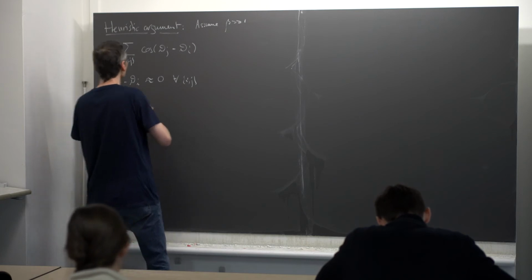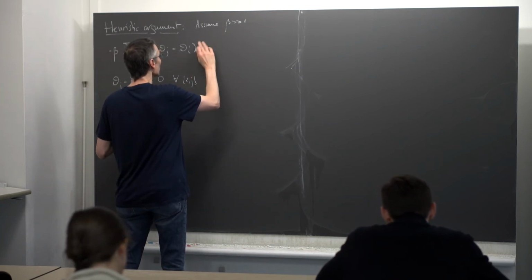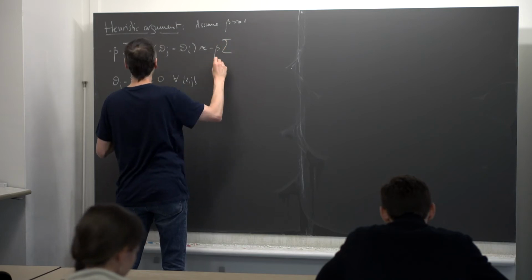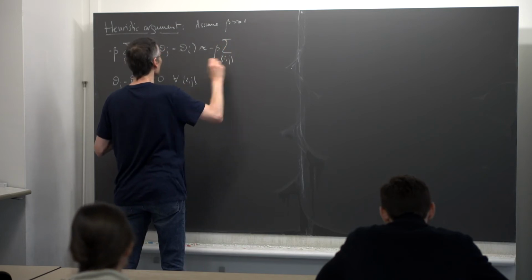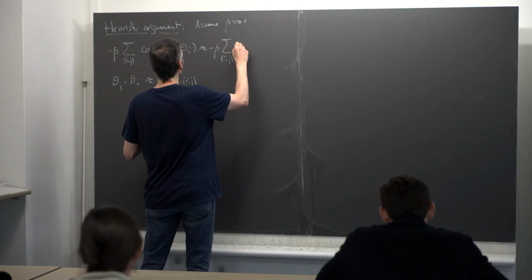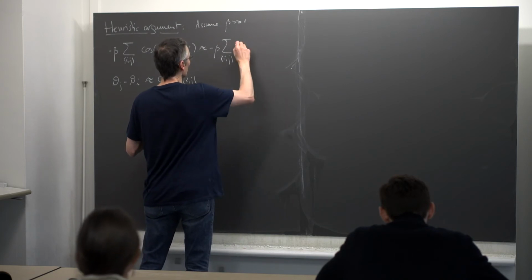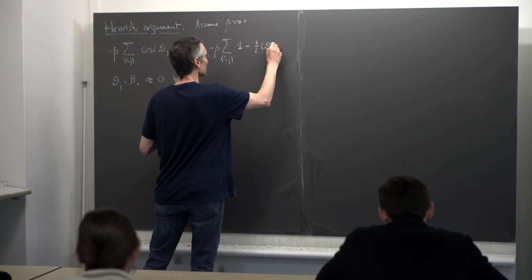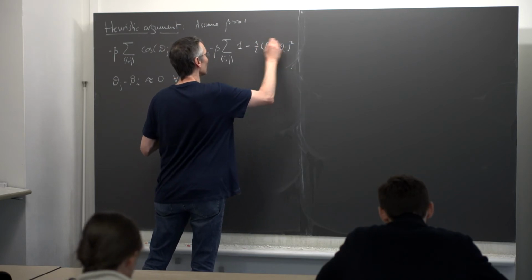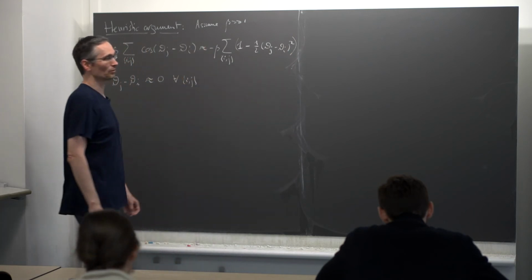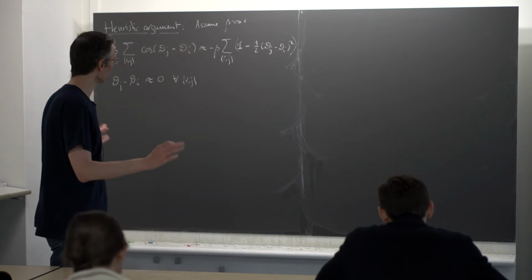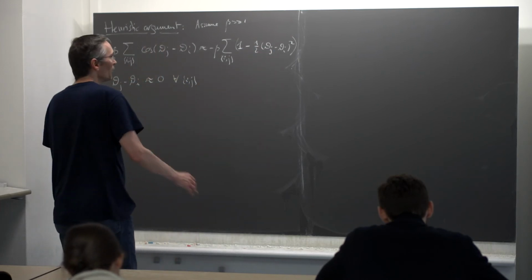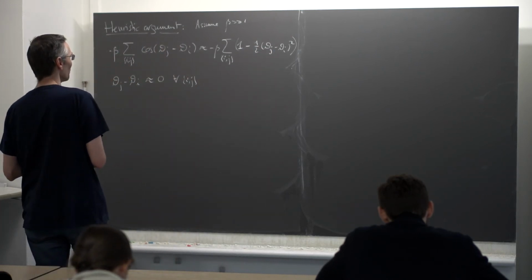This should be very close to minus beta, sum over ij of 1 minus 1/2 (theta_j minus theta_i) squared. I've just expanded the cosine, and since it's not rigorous, I don't care about error terms. So we should expect something of this type.